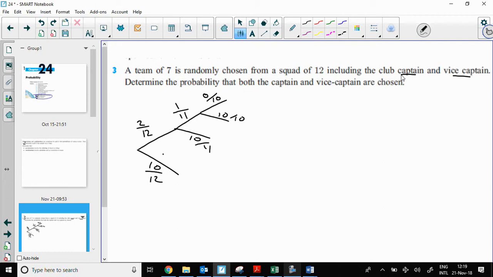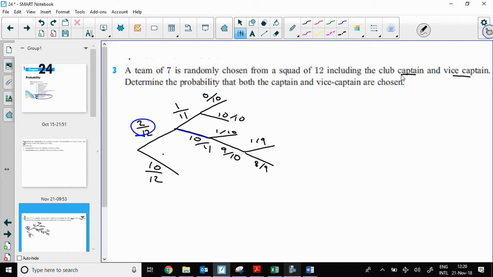But then I've got to consider, what if I chose one of them here, but then I didn't on my second branch? Then there'd still be 1 out of 10 remaining who was the other of the captain or the vice captain, and 9 out of 10 remaining who weren't. But if I didn't take it, then there'd be 1 out of 9 remaining who was, and 8 out of 9 who weren't, and so on.